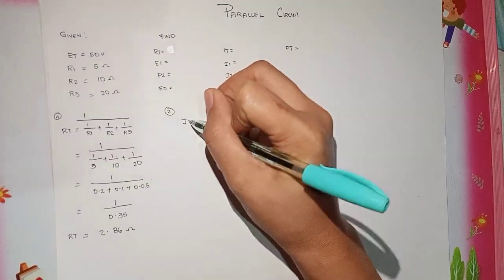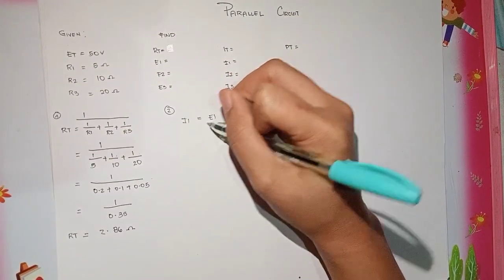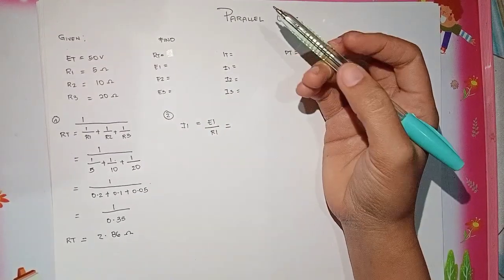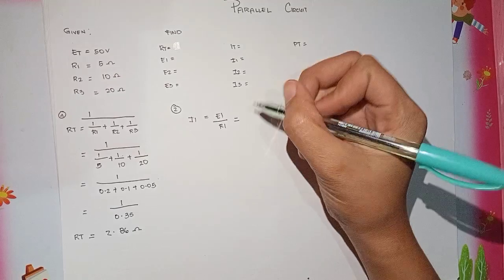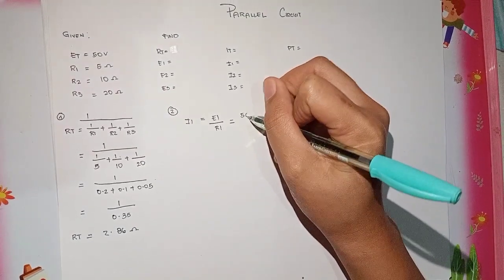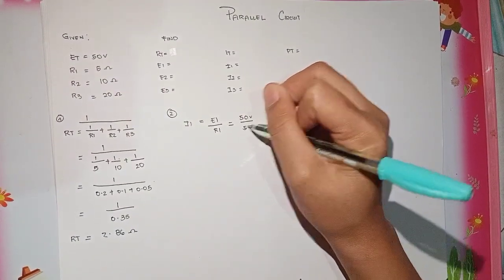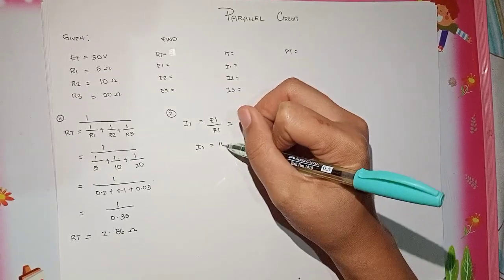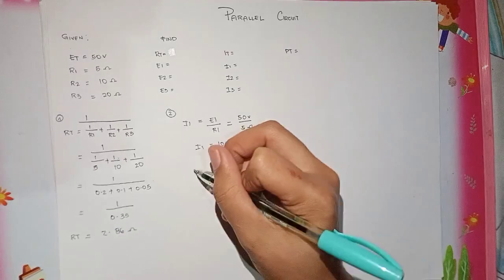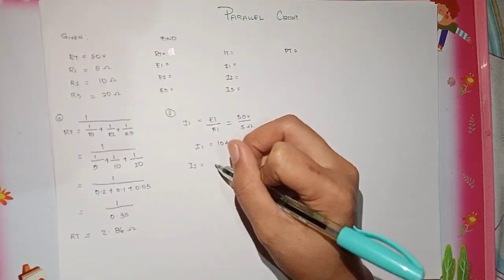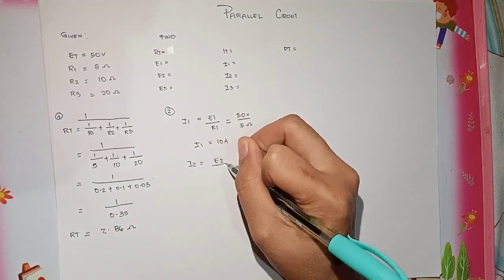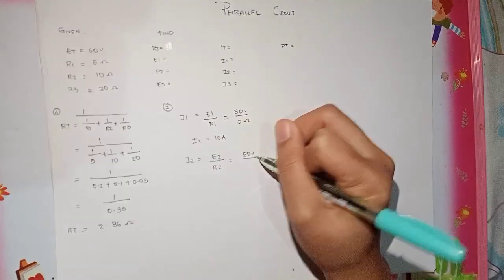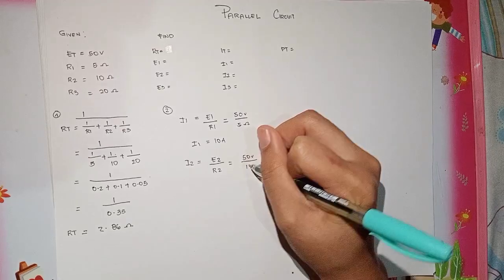Before we compute for the total current, let's compute first the current in each load. I1 is equal to E1 divided by R1, equals 50 volts divided by 5 ohms. I1 is equal to 10 amperes. I2 equals E2 divided by R2. E2 is 50 volts and R2 is 10 ohms.